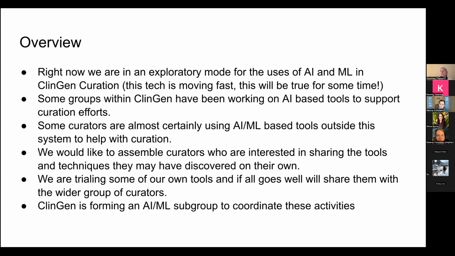So we also recognize some groups within ClinGen will be working on AI-based tools to support curation efforts. In fact, we have several different efforts between looking at literature searches at multiple different areas that you could use, again, to expedite finding that literature and prioritizing to be able to move forward with curations.